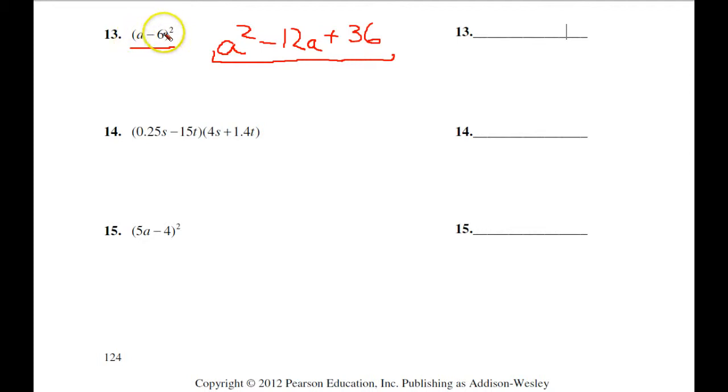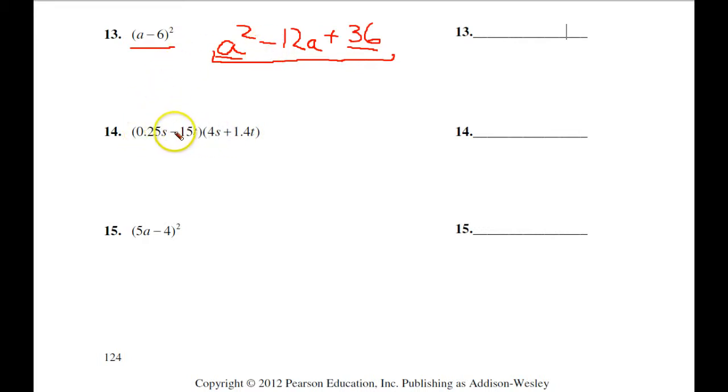So when you square a binomial, you get a perfect square trinomial. Now notice your two end terms are perfect squares, and your middle term is the doubling of what you have here. And that sign is also crucial. If there's a negative there, then this middle term will have a negative.